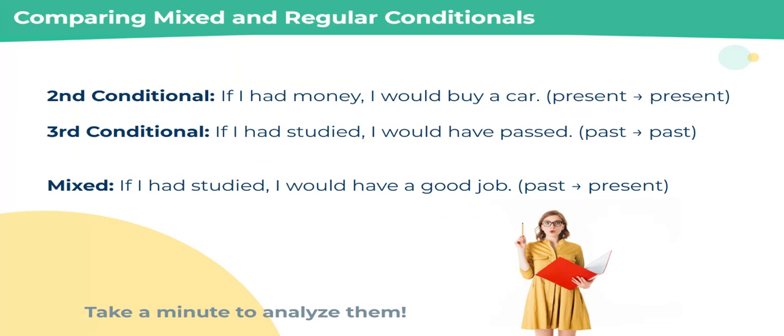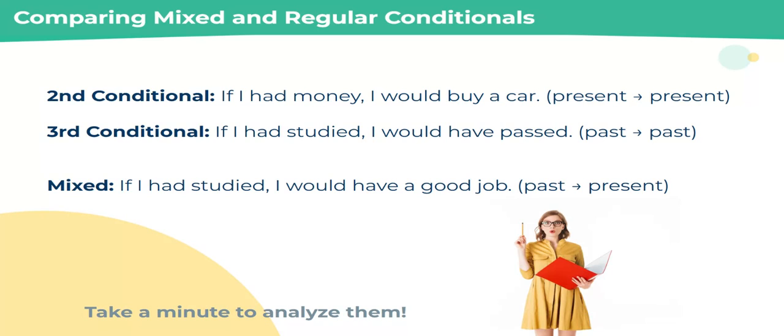The third conditional is past to past. For example, if I had studied, I would have passed. Now a mixed conditional uses either past to present or present to past. Now we have a mixed conditional that uses a past to present context: if I had studied, I would have a good job.